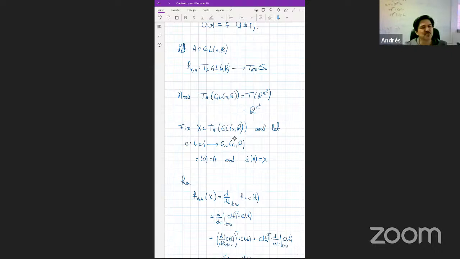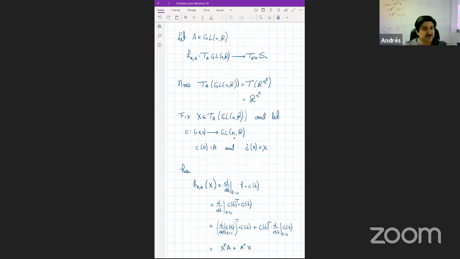Even the transpose goes out. Okay, the transpose is just a permutation of the entries. So you just take the derivative of the entries and then do the permutation. So this is the product rule that we have used here, right? Now let's evaluate at t equals 0.